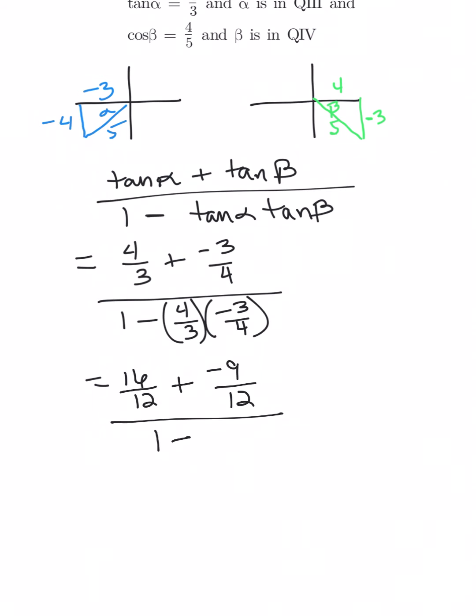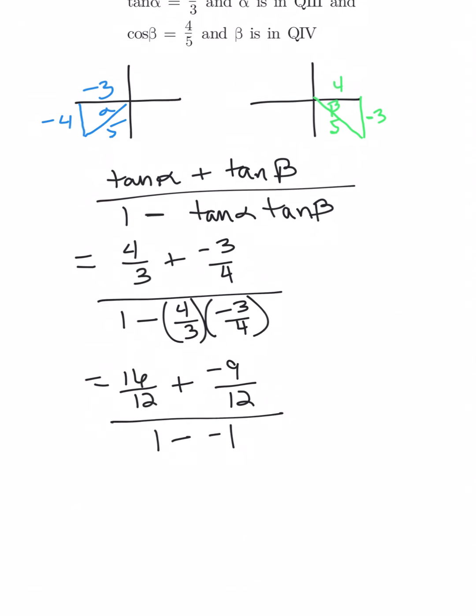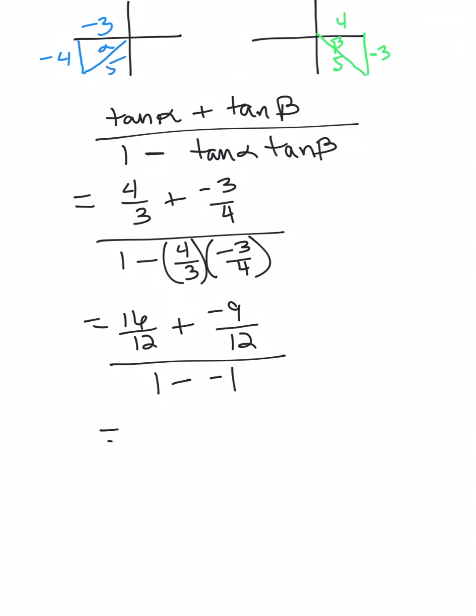So it's minus a negative 1. So in our numerator, combining those fractions, we have 7 over 12 over 1 minus negative 1 is 2. Well, that means we have 7 over 12 times 1/2, which equals 7 over 24.